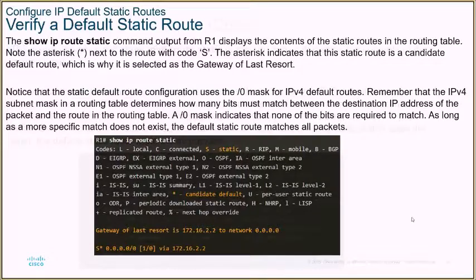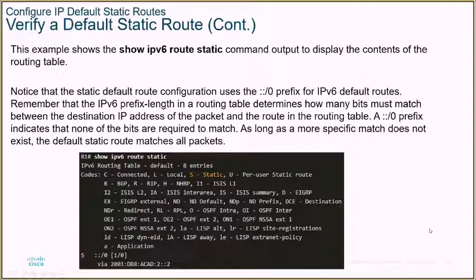Now, for an IPv6 routing table, they don't give you the gateway of last resort line. So you need to search for a static route that looks like that, basically. Notice that the static default route configuration uses the ::/0 prefix for default routes.